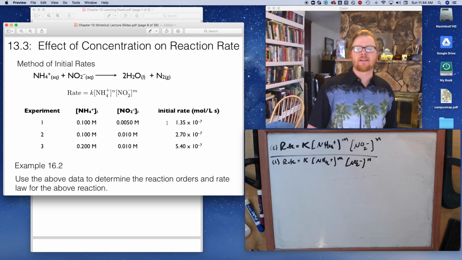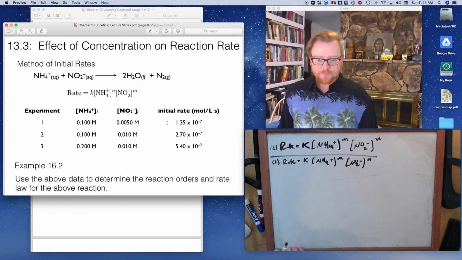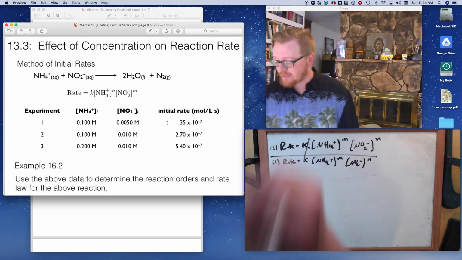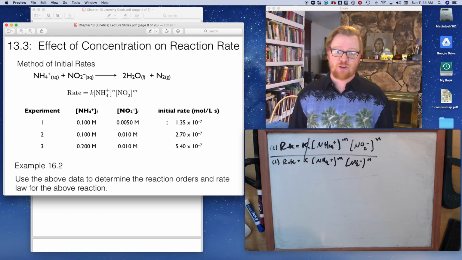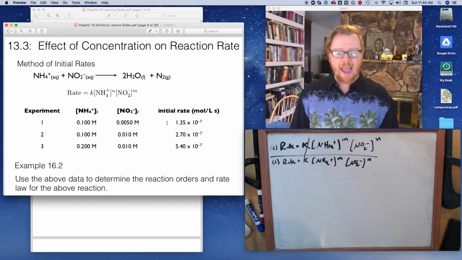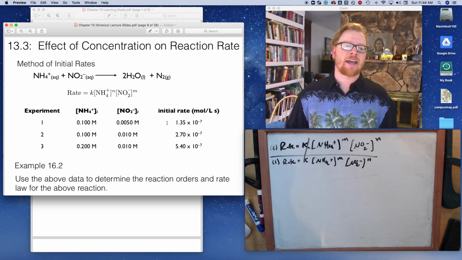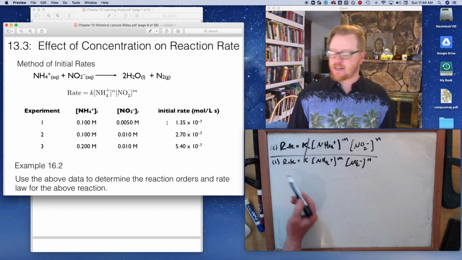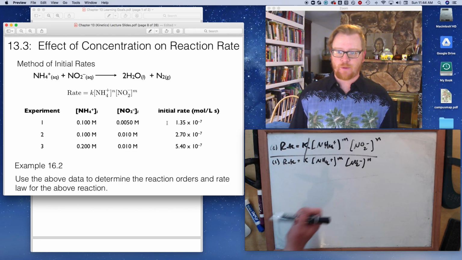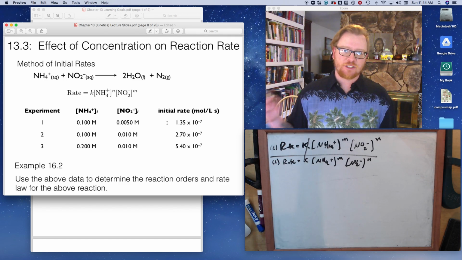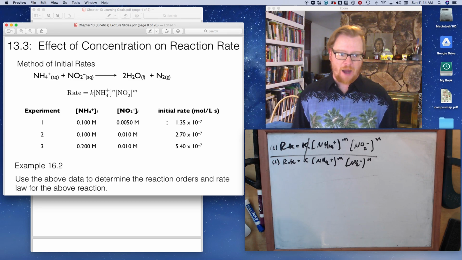So I want to eliminate things that are constant. For one, we know the rate constant is constant, so the K is always going to drop out of this situation. And you'll see why I picked 2 over 1. This takes a little bit of experience and insight, and it's not going to be incorrect if we did 1 over 2 or 1 over 3 or 3 over 1. It's just a little bit easier, and you'll see why.